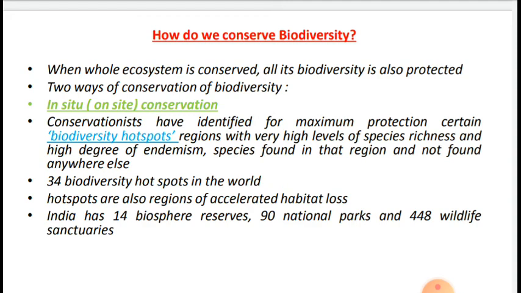This is found in some particular regions: the Khasi and Jaintia hills in Meghalaya, the Aravalli hills of Rajasthan, the Western Ghat regions of Karnataka and Maharashtra, and some other regions also. This is so in India as well as outside India, worldwide.